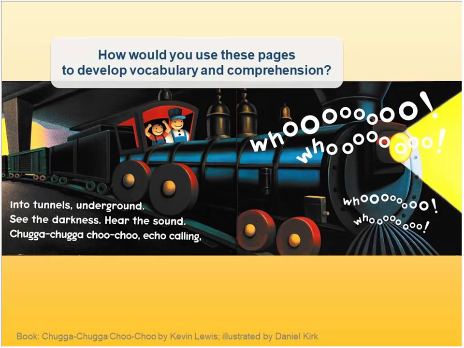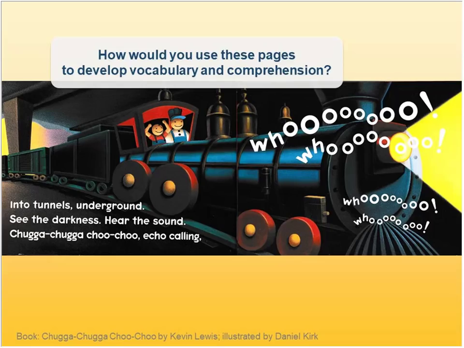If I want to talk about what is an echo, then I might do that at the beginning of the book before I started or at the end of the book, and talk about what is an echo. It's a sound that comes back off the walls in a room or a cave or a tunnel, and it comes back more softly, and it reverberates or bounces off the sides of the walls.